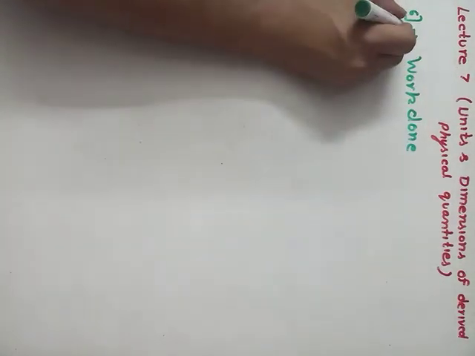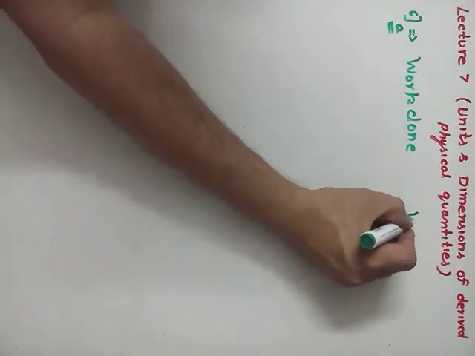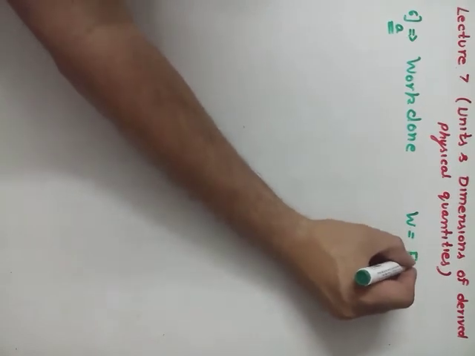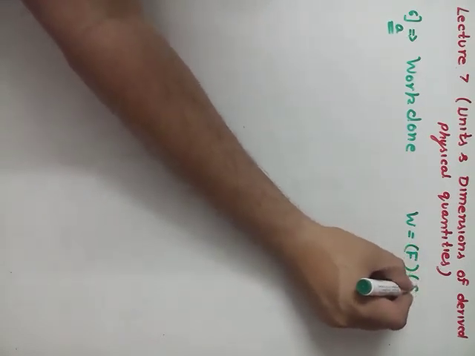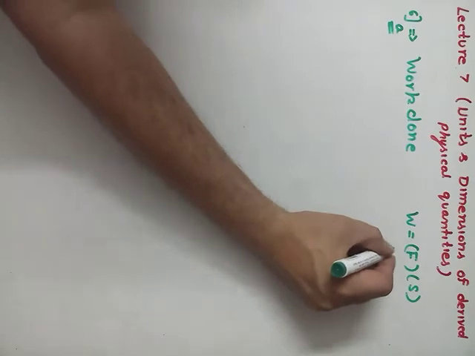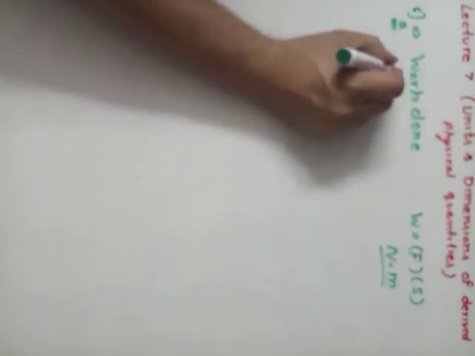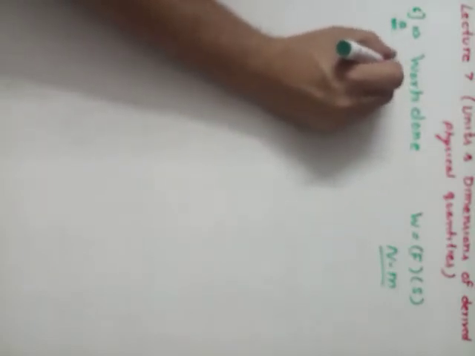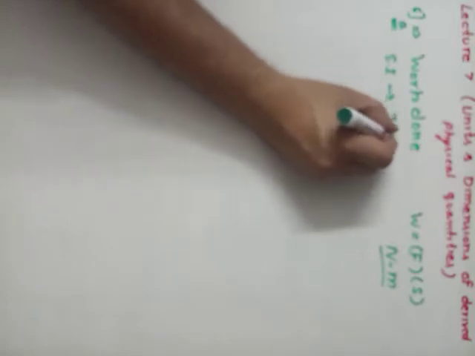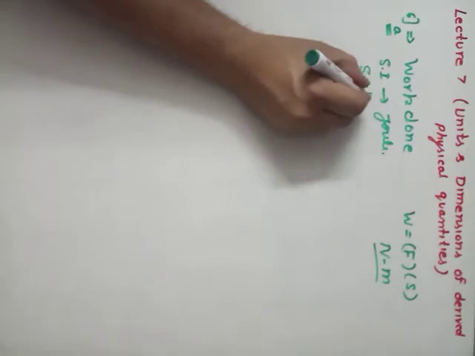Now work done, again I put A here. Work done, denoted by W, is force into displacement. Unit of force is Newton and displacement is meter. Therefore, its unit is Newton meter, and it is a scalar quantity; its SI unit is joule, named after a scientist.